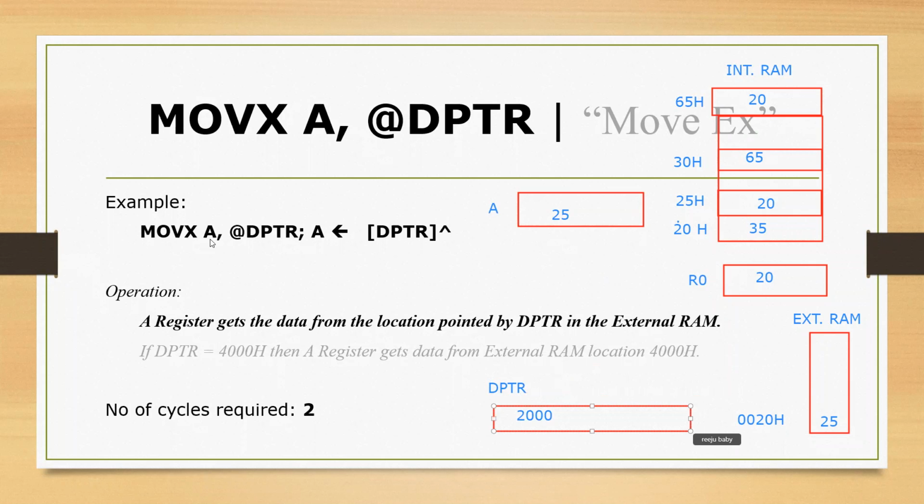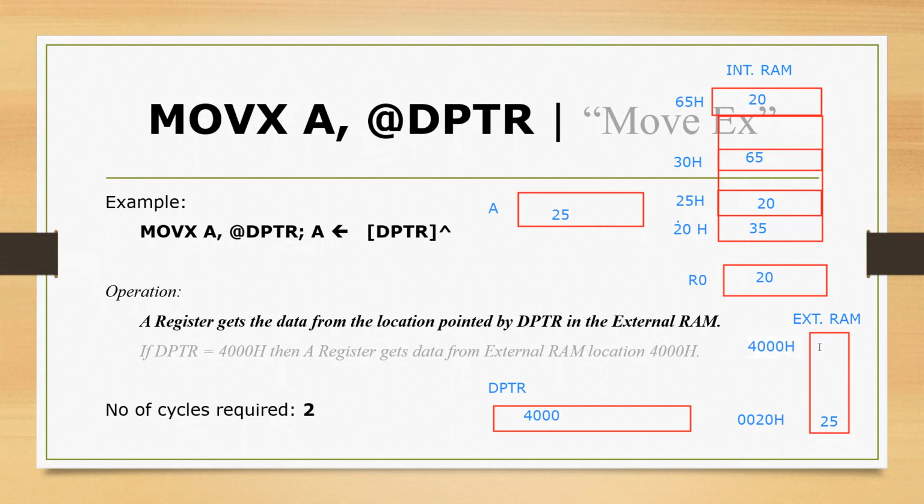MOVX A, @DPTR. So the A register will get the value pointed by the DPTR register in the external RAM. Let the content of DPTR be 4000 hex. Then the A register will get the data from the external RAM location 4000 hex.